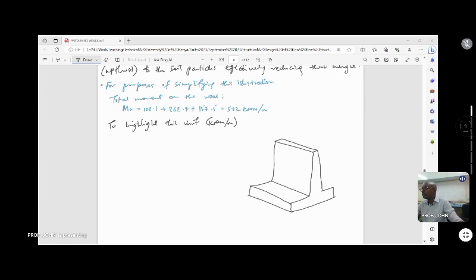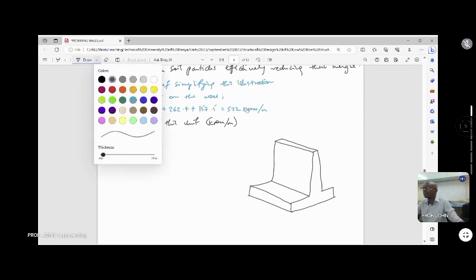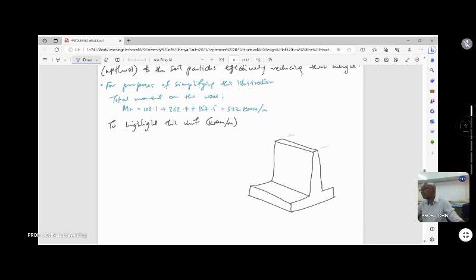This is a 1 meter width strip of wall. So this dimension here is 1 meter.